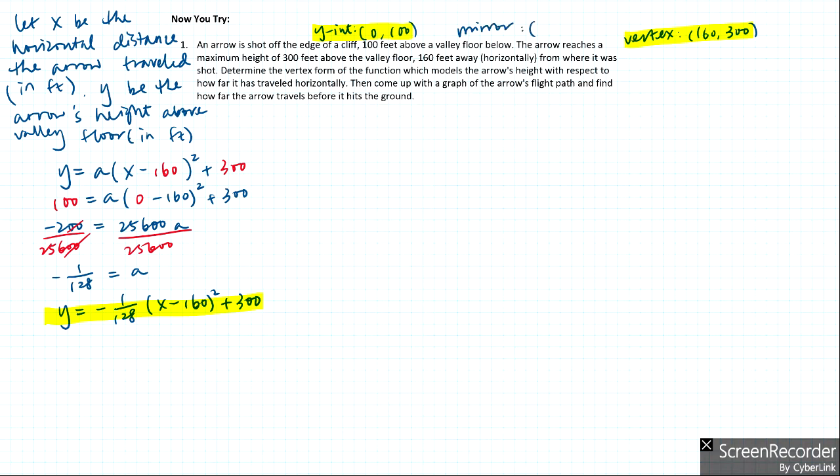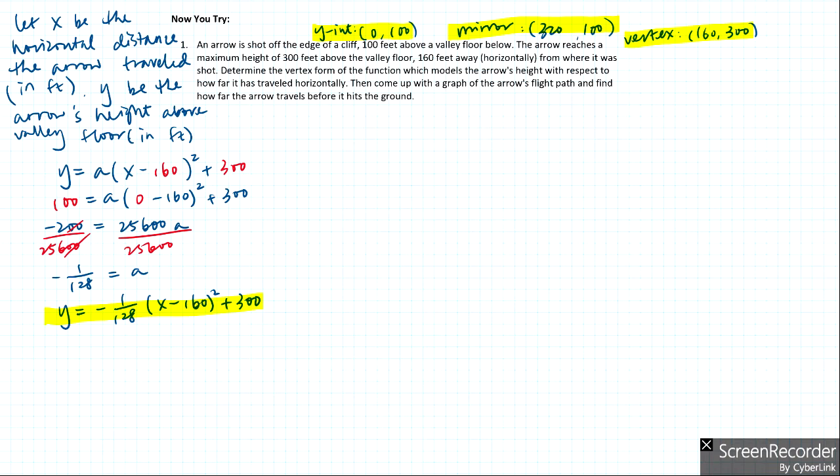For the mirror point, we know it's the same height as the y-intercept, so the y-coordinate should also be 100, and the horizontal distance should be double the x-coordinate of the vertex. So 160 plus 160 becomes 320. That's a mirror point we can use. We can also find the horizontal intercept, which also helps us answer the question as to how far the arrow would have traveled when it hits the ground.